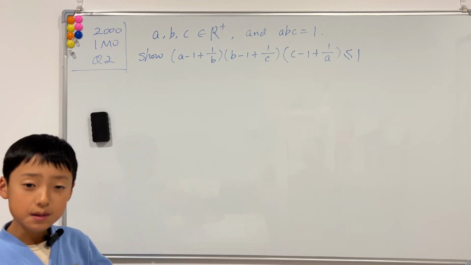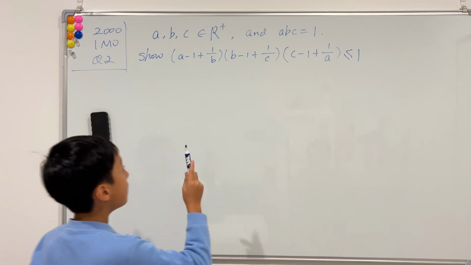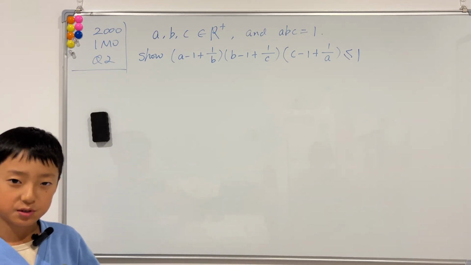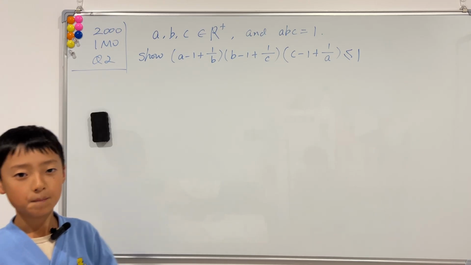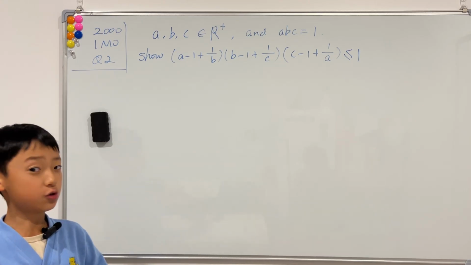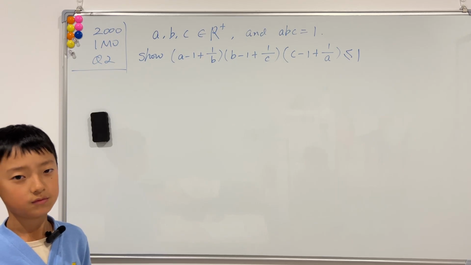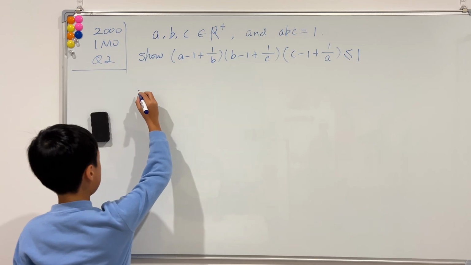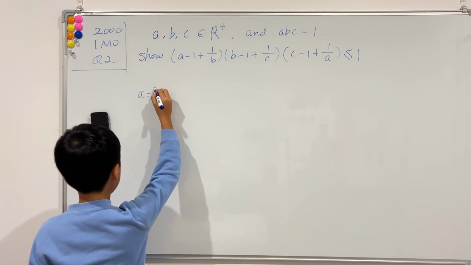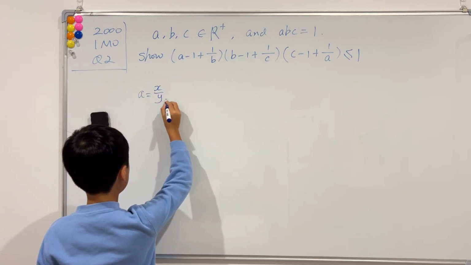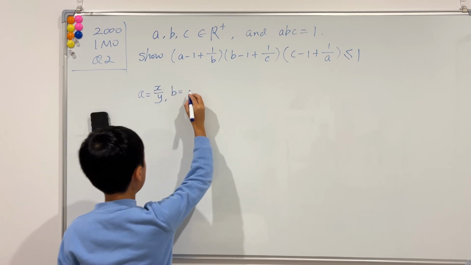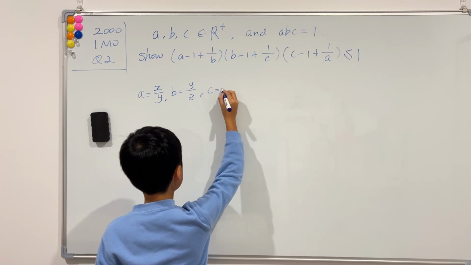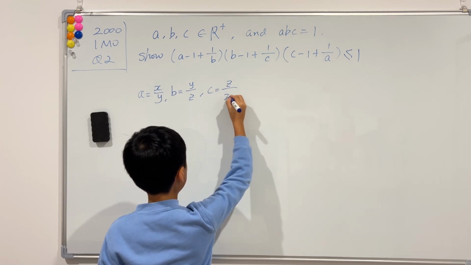So, similar to the last video, we have this condition that abc is equal to 1, so we can do the same substitution we have done in the last video. But unlike the last video, we are not going to use the Cauchy inequality this time. Super sad. So, again, I'm going to just let a to be x over y, b to be y over z, and c to be z over x.